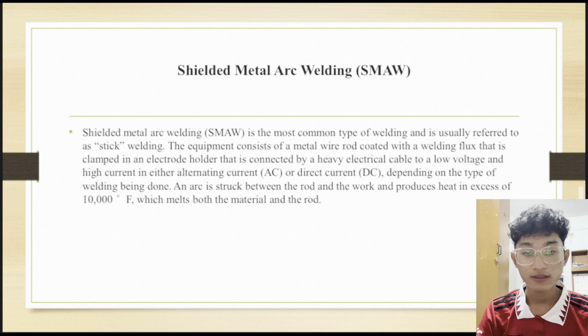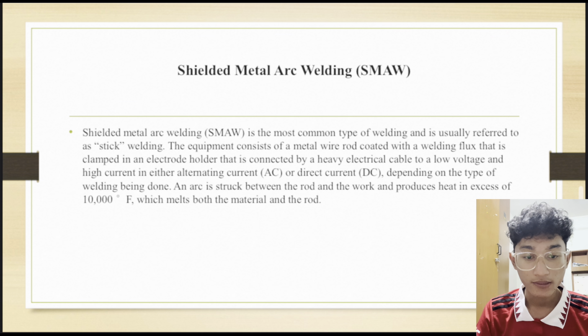Next, shield metal arc welding or SMAW. Shield metal arc welding SMAW is the most common type of welding and is usually referred to as stick welding. The equipment consists of a metal wire rod coated with a welding flux that is clamped in an electrode holder, which is connected by a heavy electrical cable to low voltage and high current, in either alternating current AC or direct current DC, depending on the type of welding being done.